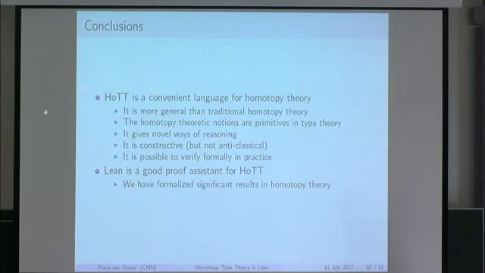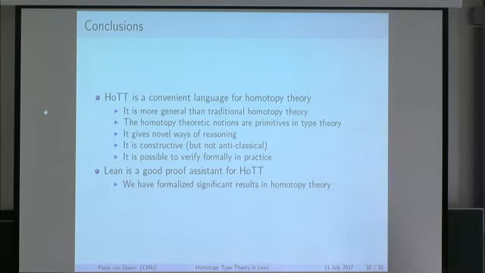Homotopy theoretic notions are more primitive than the traditional definitions, where by primitive I mean close to the foundations, which makes them very convenient to reason with. It gives novel ways of reasoning, like path induction, which is a very useful tool.